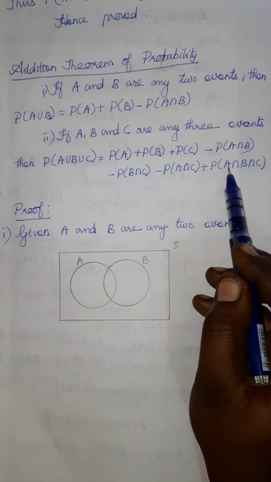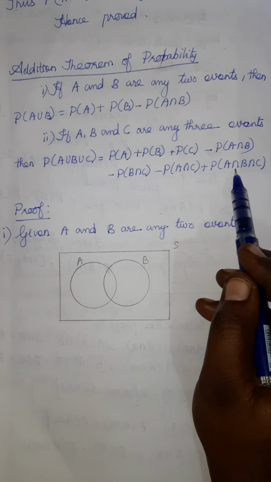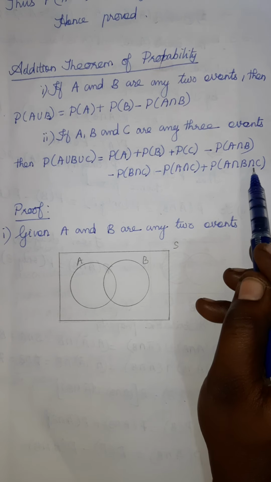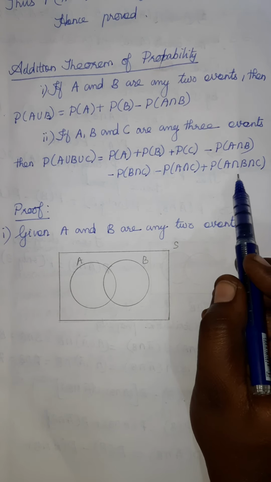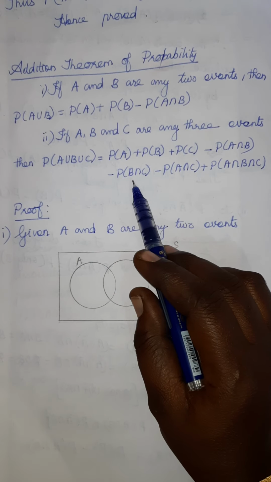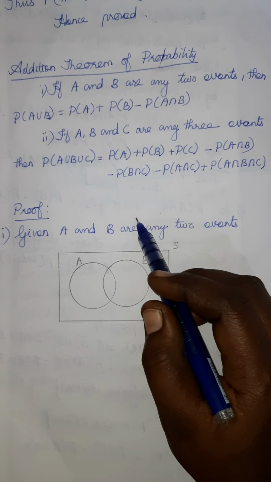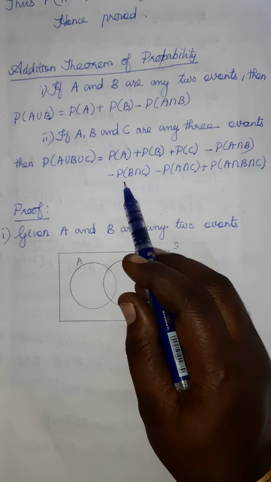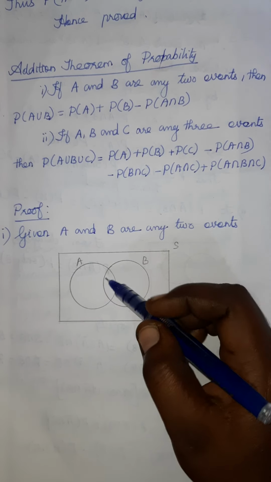Then add the intersection of all three events, P of A intersection B intersection C. Like this way we can do it for more than two sets also. Are you clear?